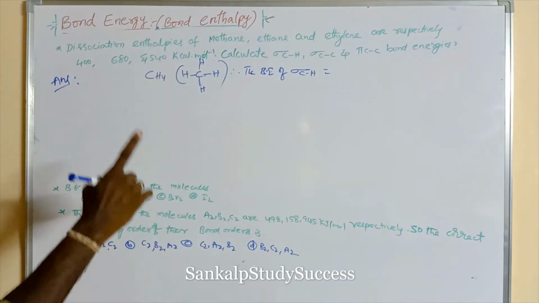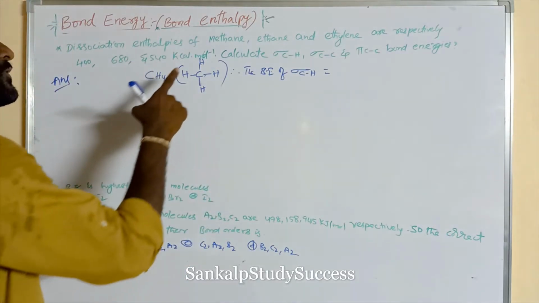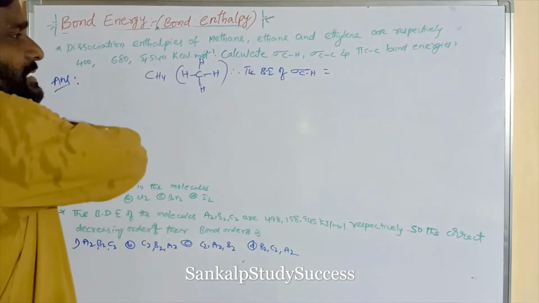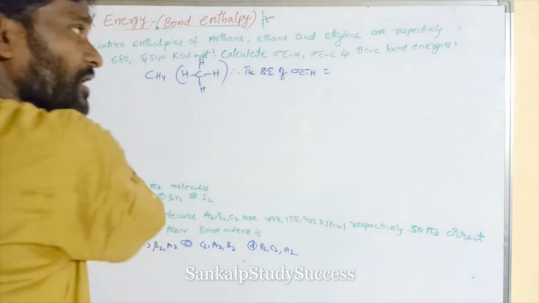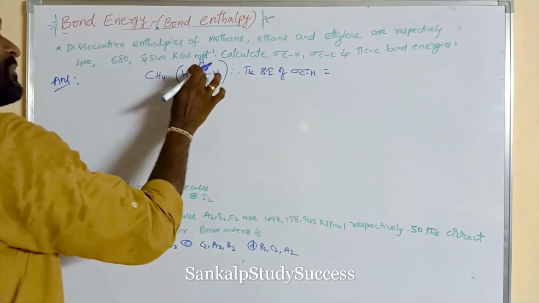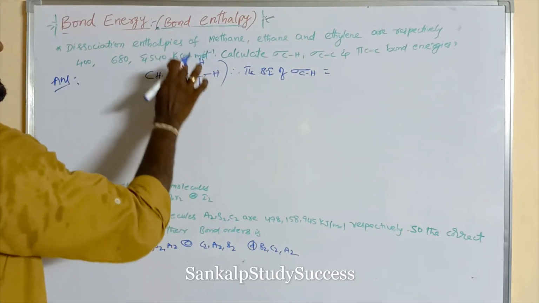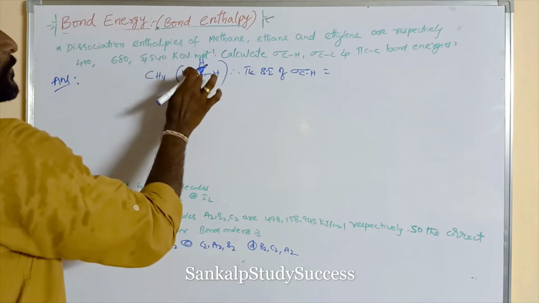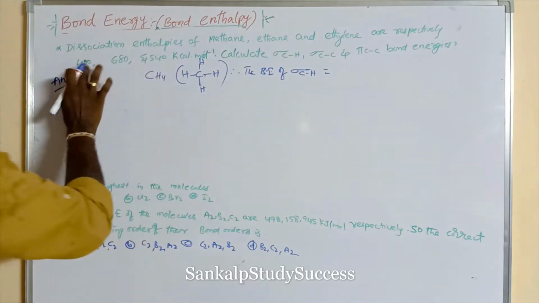We know that the bond energy is the average of the bond dissociation energies of the C-H bonds. So the bond dissociation energy of 4 C-H bonds is equal to 400.